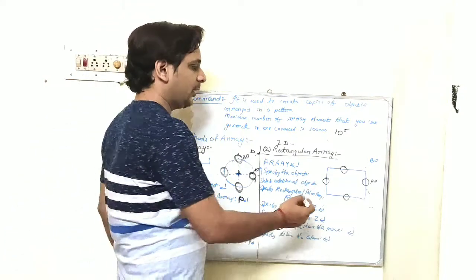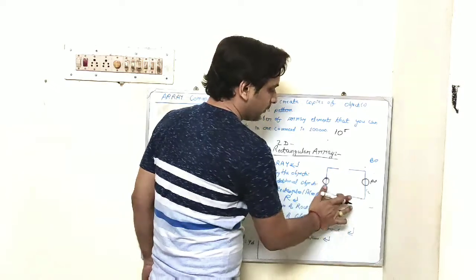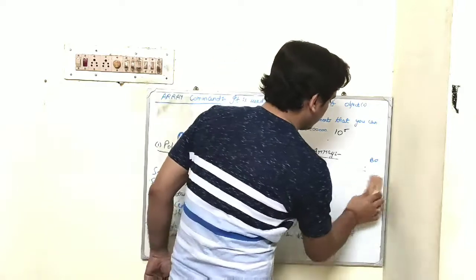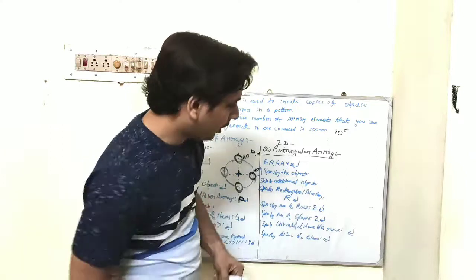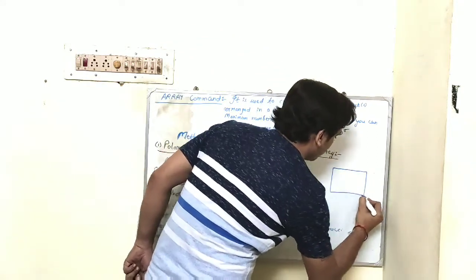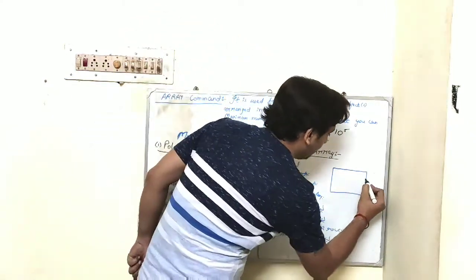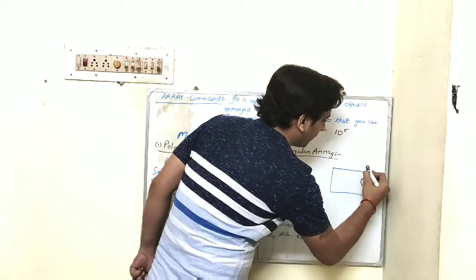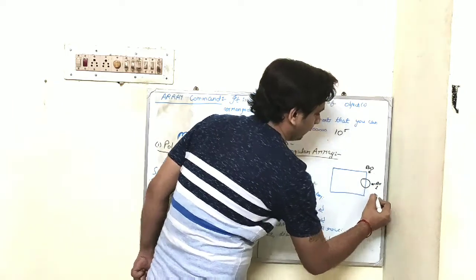Here let us take the base object as a rectangle and the array object as a circle. This is our base object rectangle and this is our array object number 1.